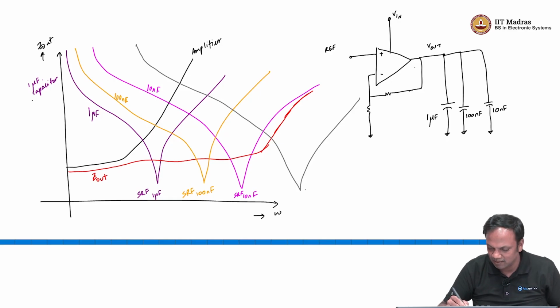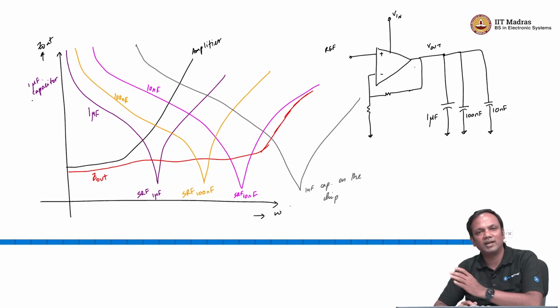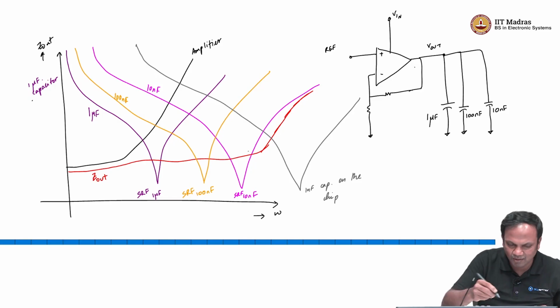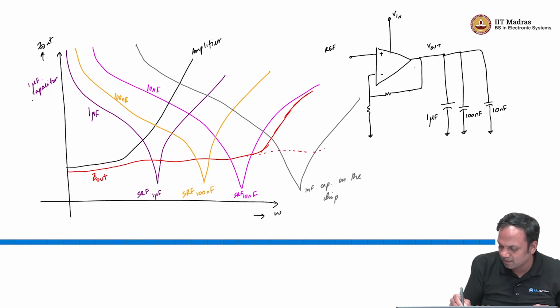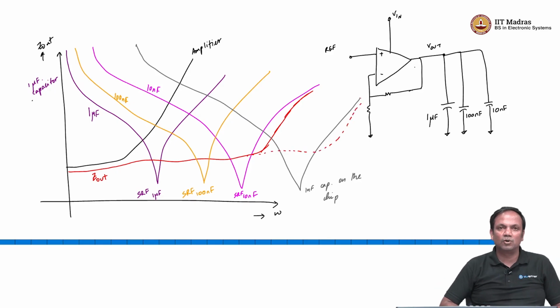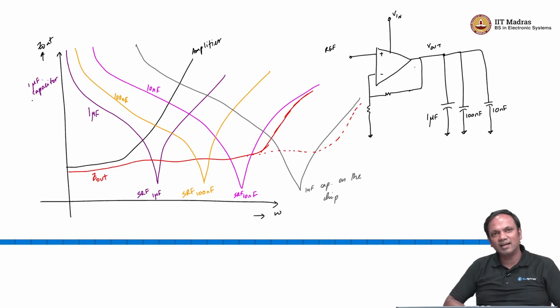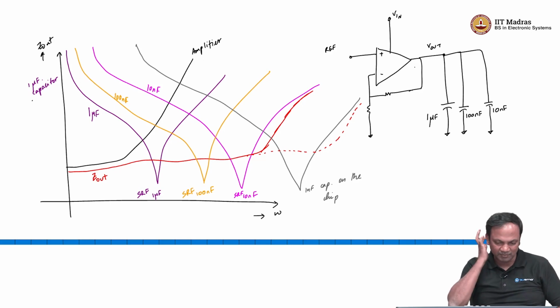So, this might be a 1 nanofarad cap on the chip. So, this allows us to extend the output impedance even more before it starts to rise, right. So, by using an array of capacitors, it is possible to ensure that we get the kind of output impedance profile that we want. Okay.